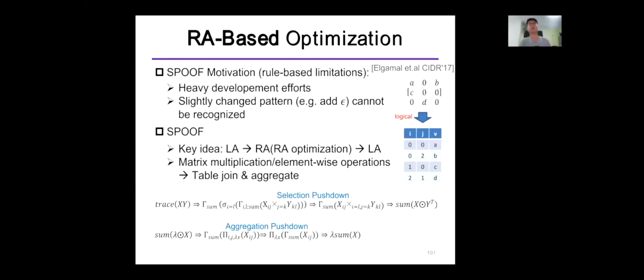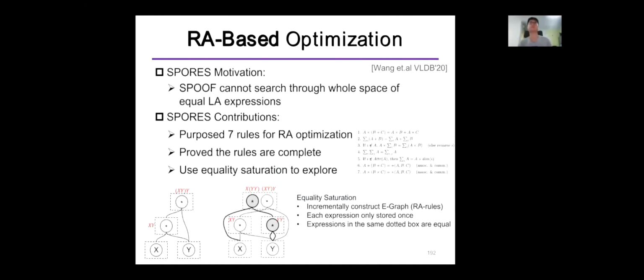The key idea is to transform LA to relational algebra, and then use the typical relational algebra optimization rewriting techniques to rewrite the relational algebra and then transform it back to linear algebra. So many relational algebra optimizations like join and aggregate can be utilized.